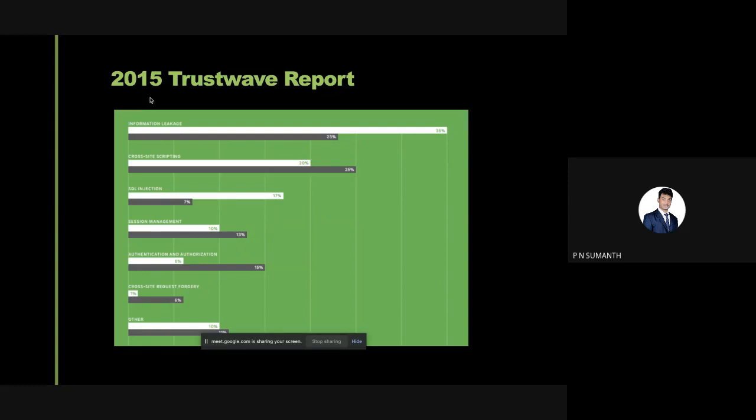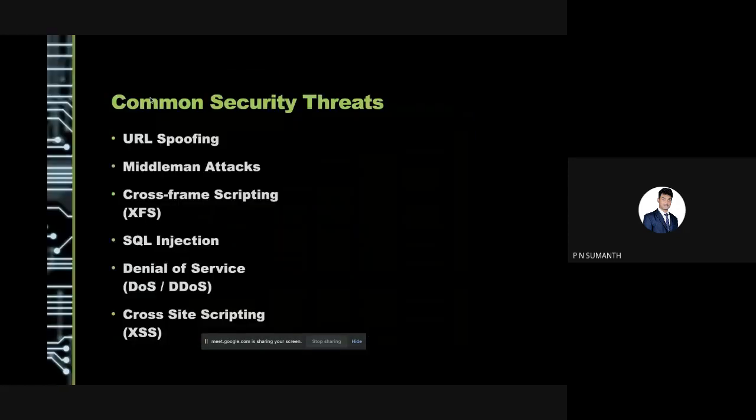These are the types of attacks hackers use to leak data. First, the common security threats are URL spoofing, man in the middle attack, cross-frame scripting, SQL injection, denial of service or DoS attack, and cross-site scripting. We'll see everything one by one.